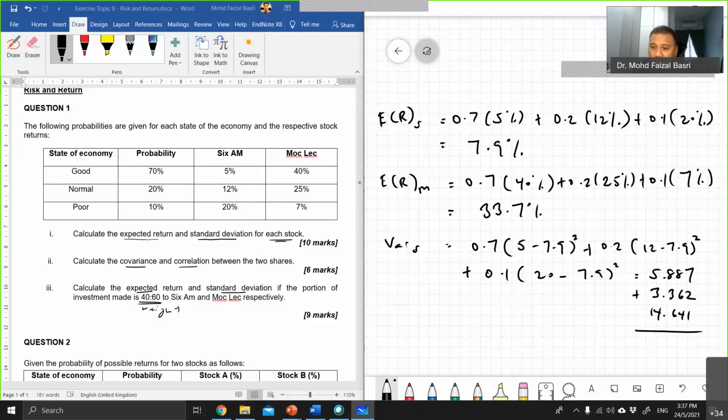So we have here 23.89. This is the total variance, 23.89.